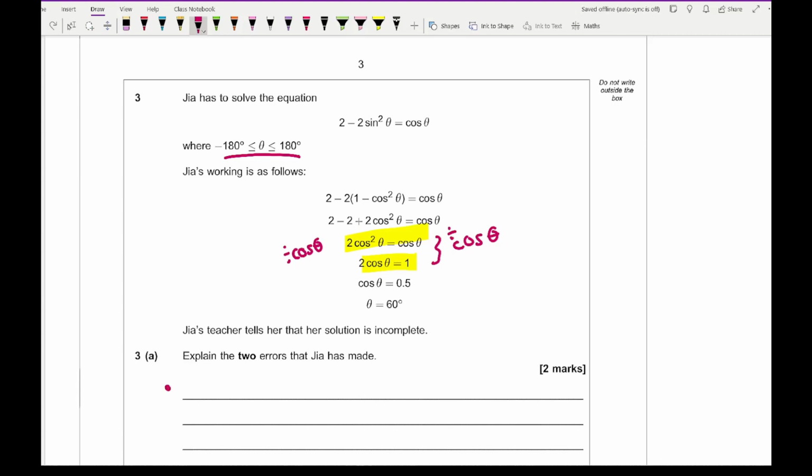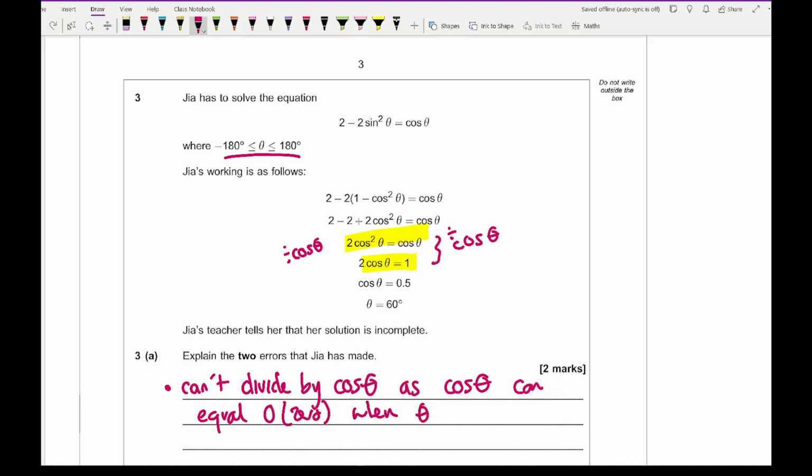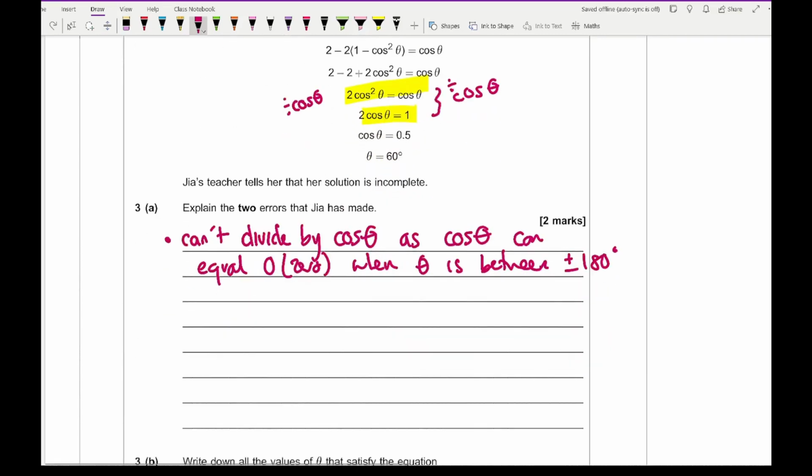So one of the first errors is that you can't divide by cos theta, as cos theta can equal 0 when theta is between plus and minus 180 degrees. So that's the first error.